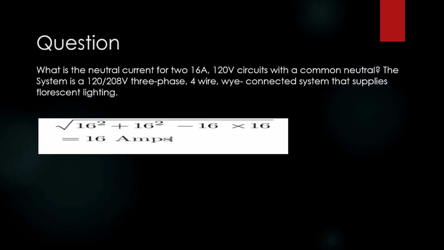Because this is a three phase system, we only use two phases within the circuit for this fluorescent lighting circuit, right? Each of them is producing from a 16 amp supply. So we work out that to be 16 amps, right?